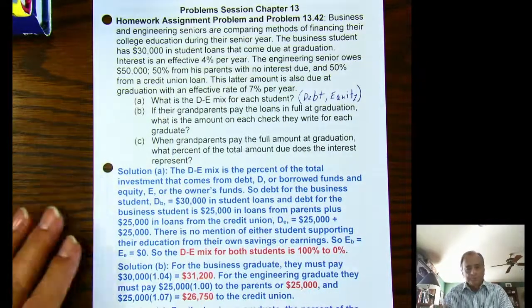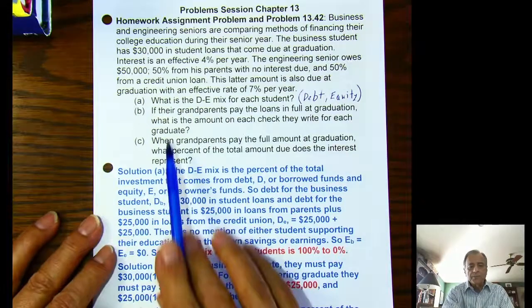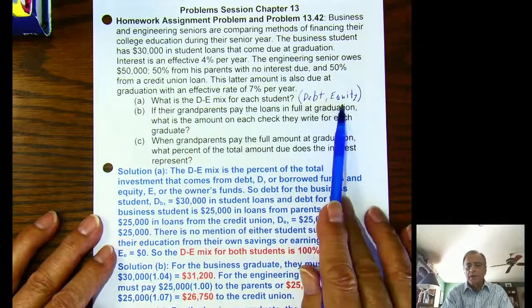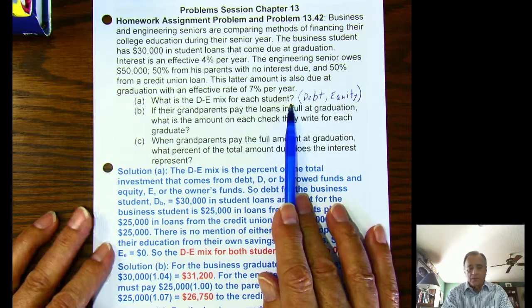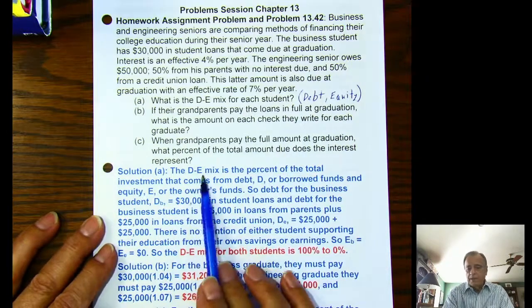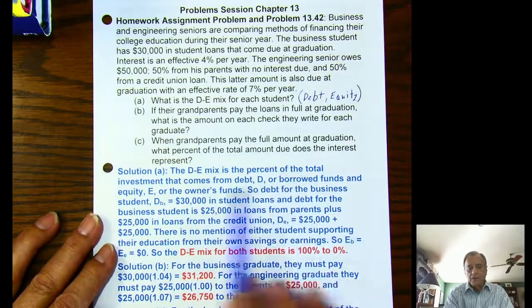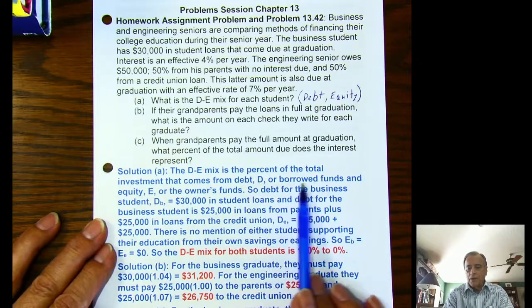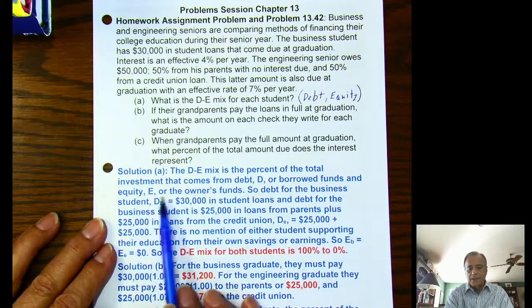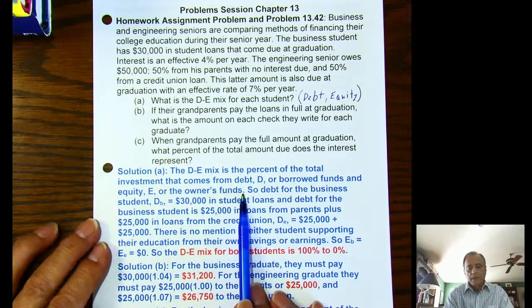Okay, let's work one part at a time. So that's part A, and that's, I think, the part that's on your homework. The DE mix is the percent of the total investment that comes from debt or borrowed funds and equity or owner's funds.